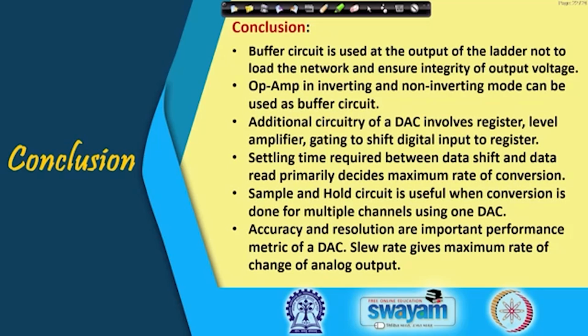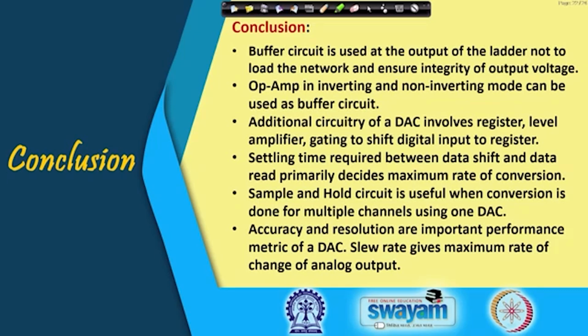Op amp in inverting mode and non-inverting mode can be used as a buffer circuit, and we need additional circuits for a DAC, which involve resistor, level amplifier, and shifting digital input to a register, and all these things make the DAC fully functional. Settling time required between data shift and data read primarily decides the maximum rate of conversion. And sample and hold circuit is useful when conversion is done for multiple channels using one DAC.